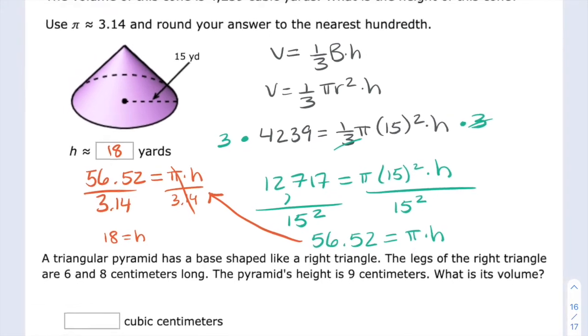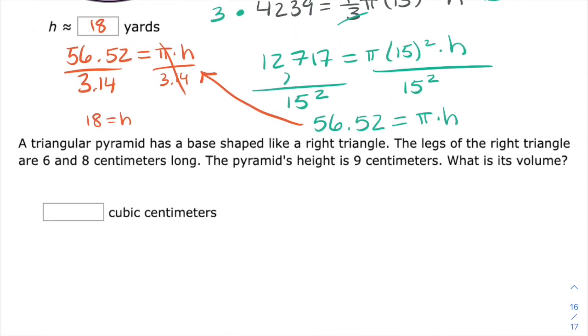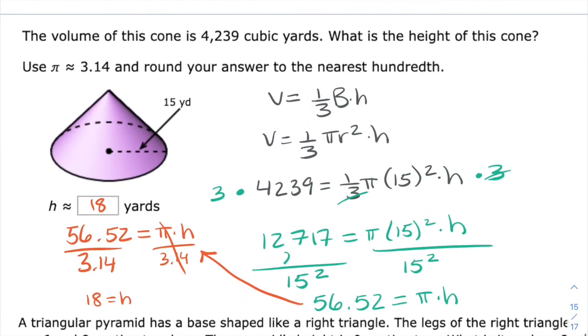And there you go. So again, just another problem where you're solving for height. Okay, checking my work, looks good. One more time, 15 times 3.14 times 18 divided by 3, good, 4239, okay.